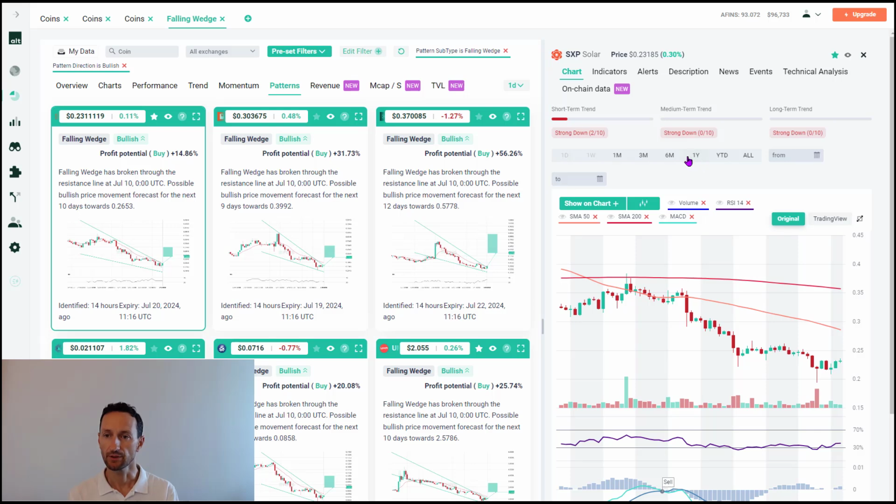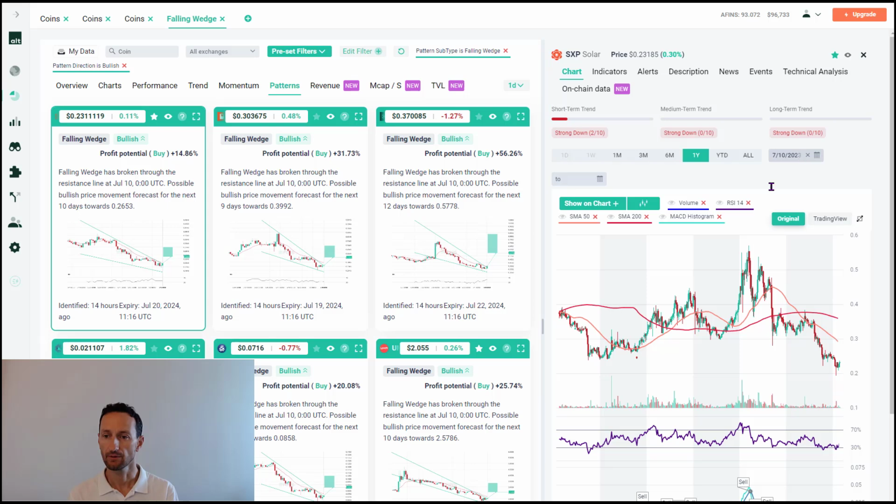If we look at the bigger picture here, maybe last year or so, all these assets had a massive run up at the end of last year, and then a correction, and then again in March of this year, and then it's been all down, right? This asset, just like many other altcoins, the average altcoin, is about 50% down from its highs in March, right?